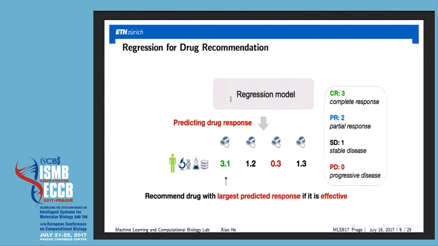So after you predict all the drug sensitivities, you still need to sort these values and recommend the top 3 or top 5 drugs to patients or doctors for them to choose. So this becomes a 2-step drug recommendation problem.